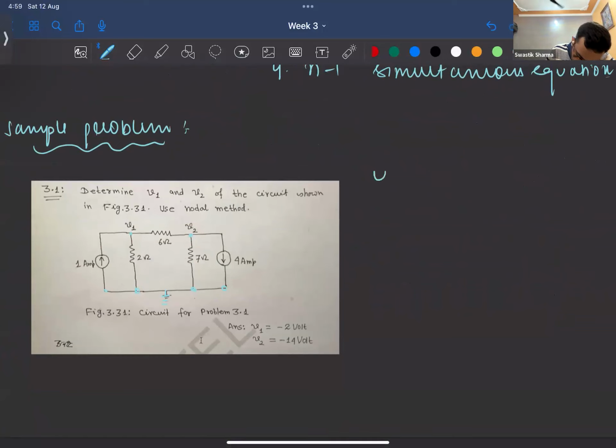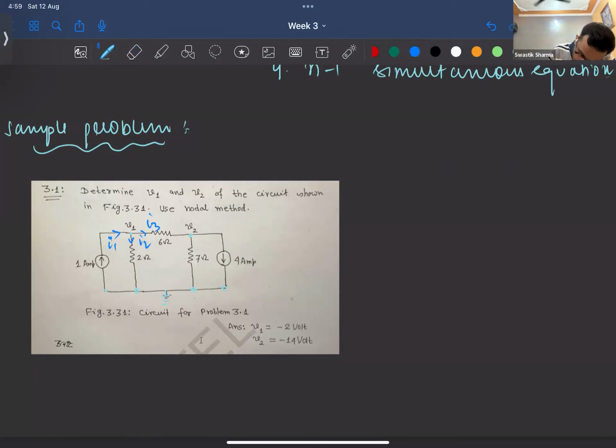So what would it be? It would be V1 minus V0, which is at 0, so V1 by 6 plus V1 minus V2. Oh, let's not do it like this. Let's write the currents. So this is I1, this is I2, and this is I3. So what is KCL?